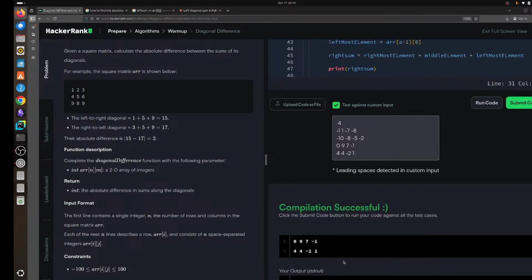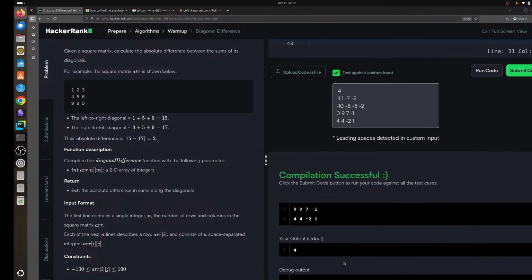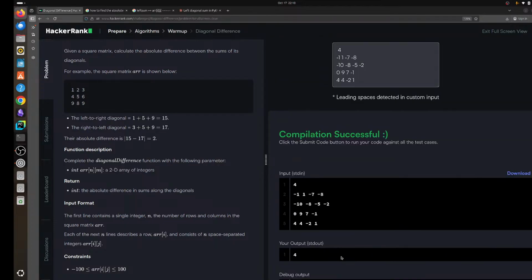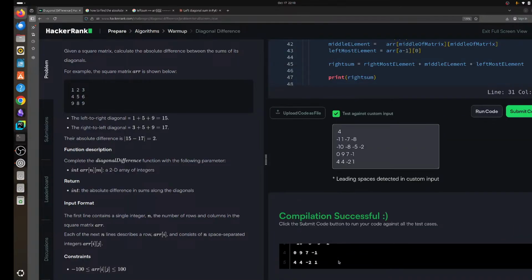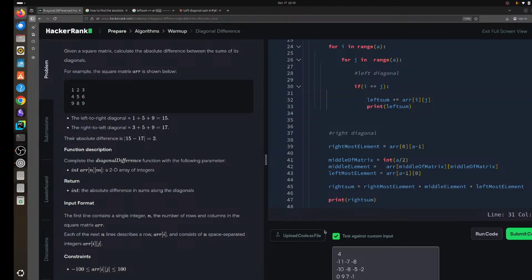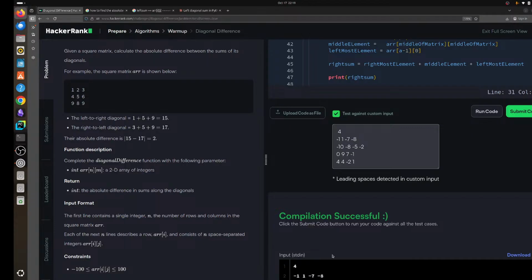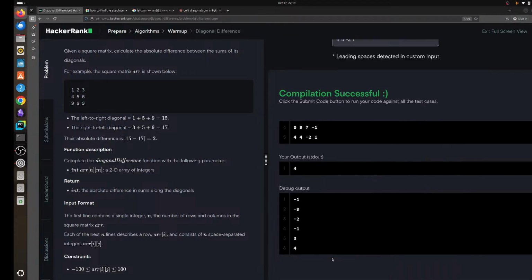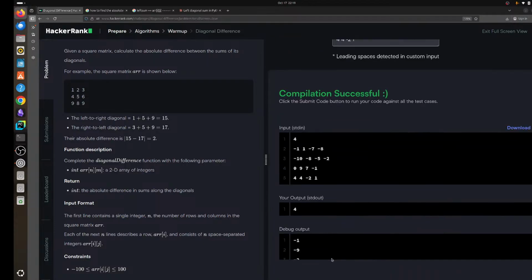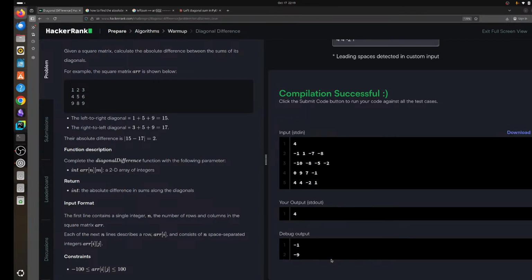Minus 1, minus 8, how much will it be? First minus 1 came. Here, yeah, minus 1 came. Minus 1 came. 4, right? Minus 1 obviously came first. Then came minus 8, then came minus 9, obviously. Minus 9.